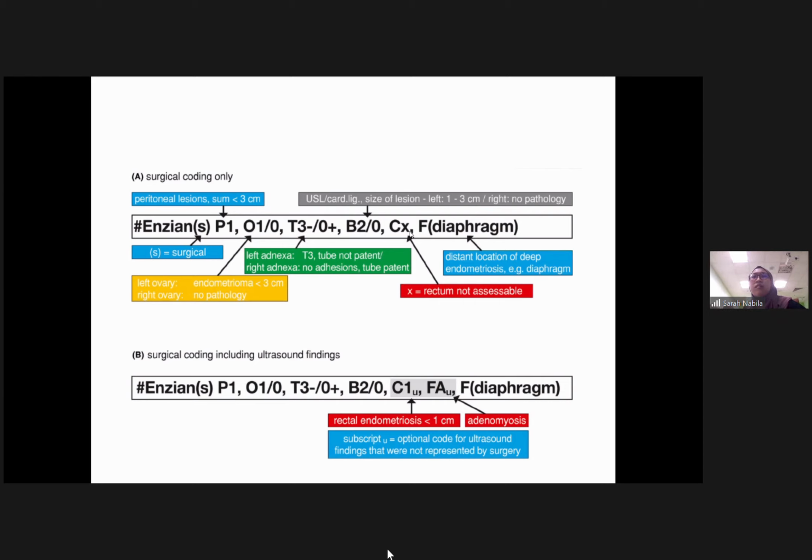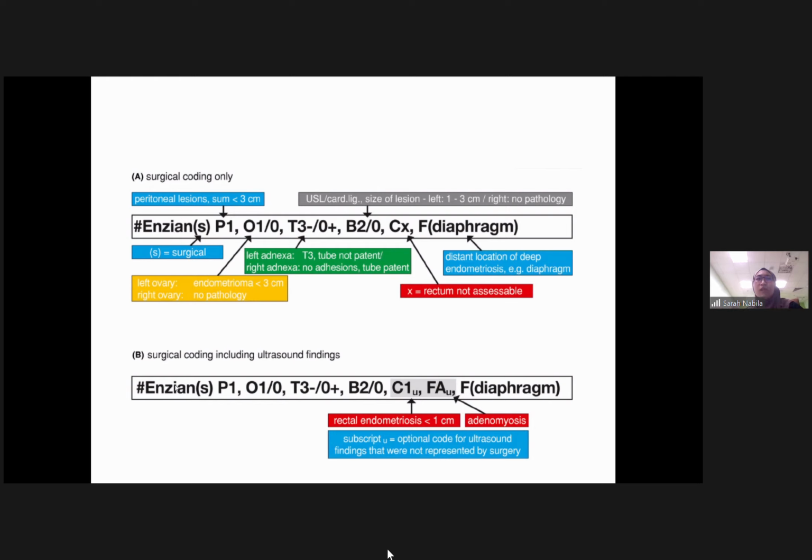And here they also put an example in compartment C, where they put X because the rectum is not accessible, and F for further endometriotic lesions in the diaphragm. Okay. And they also mentioned that although this is diagnosed during surgery, the surgical coding can also include ultrasound findings.